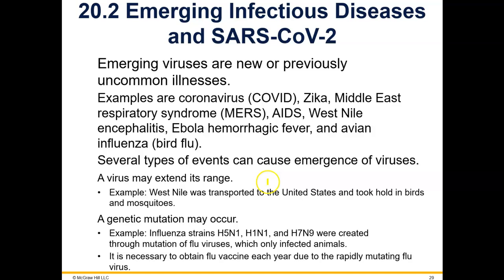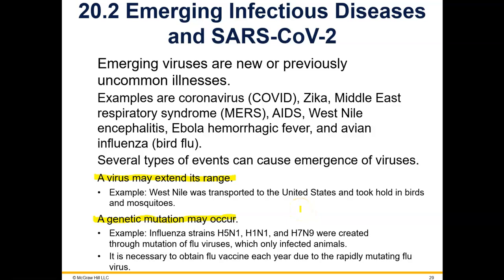So what are the events that can cause the emergence of a viral disease? So first, a virus can extend its range. West Nile was transported to the United States. So it can extend its range from one country to another, from one continent to another, and also viruses can undergo genetic mutations, random genetic mutations.